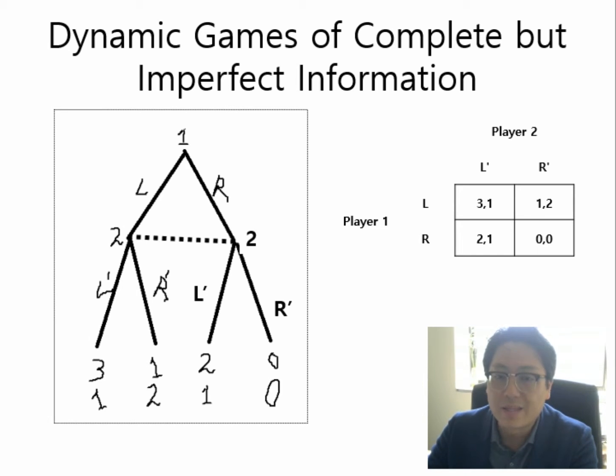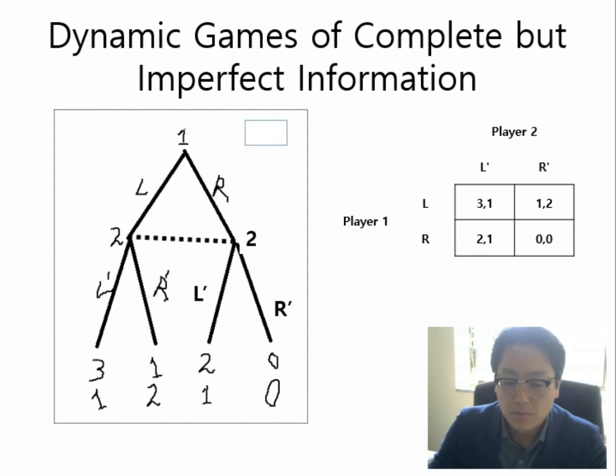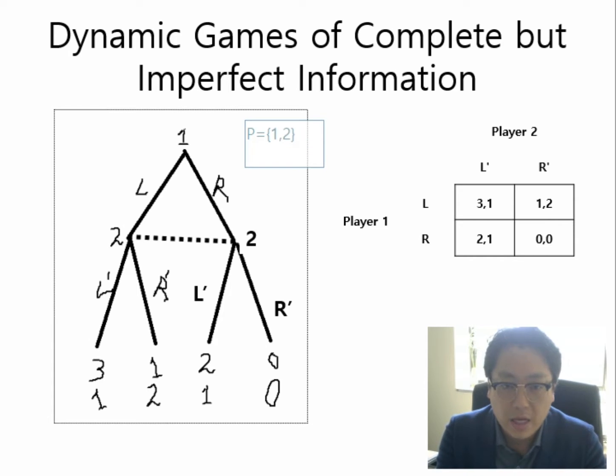That is exactly the situation we can usually describe with this kind of normal form game. Let's extract the information here. The player set is the first and second player. And for actions, the first player will choose L and R.